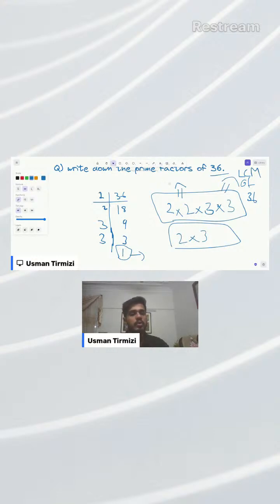Okay, so there are two names for it. It can be called prime factor decomposition as well as the least common multiple. So these are the two names for how we've written the answer.